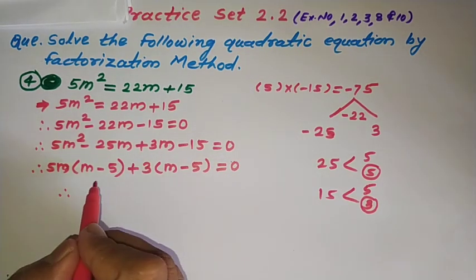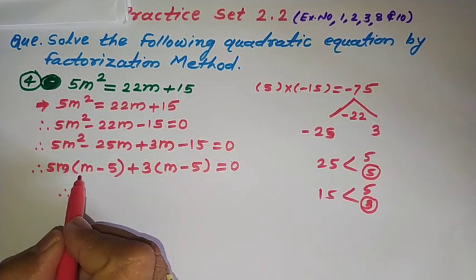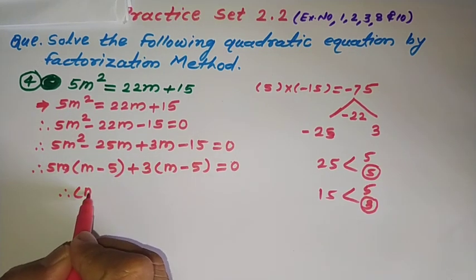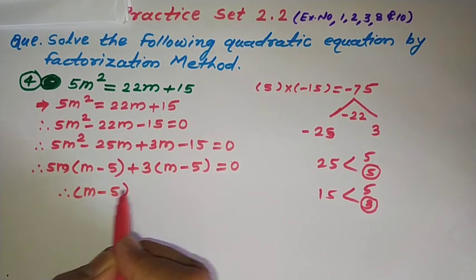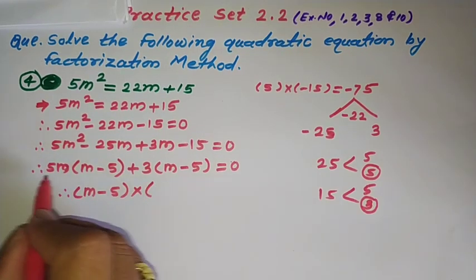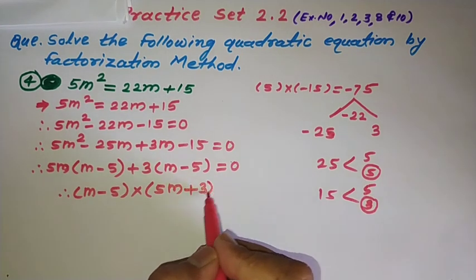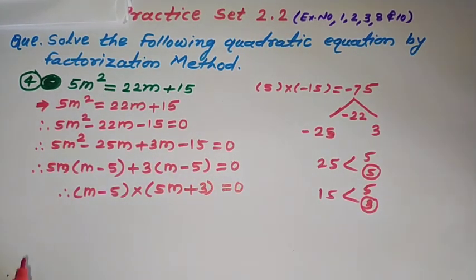Therefore, in these two terms, m minus 5 is common, and remaining is 5m plus 3 is equal to 0.